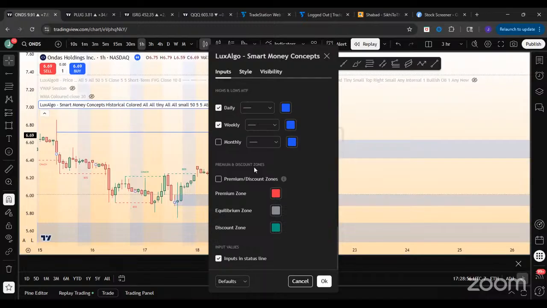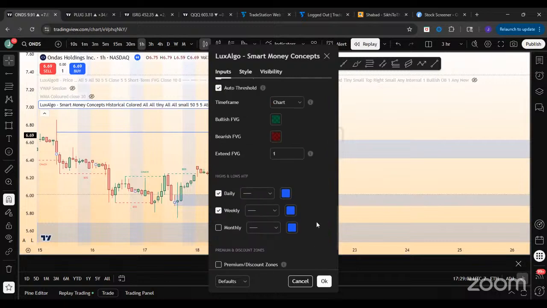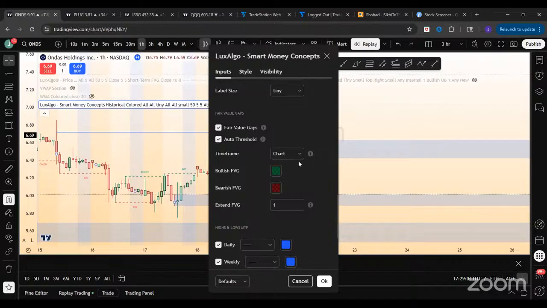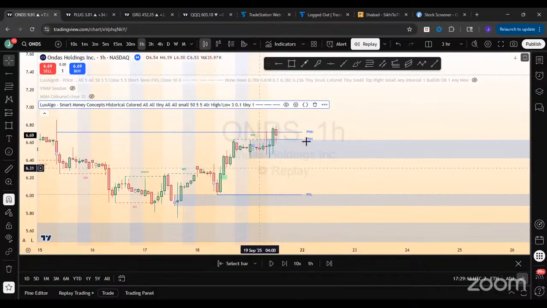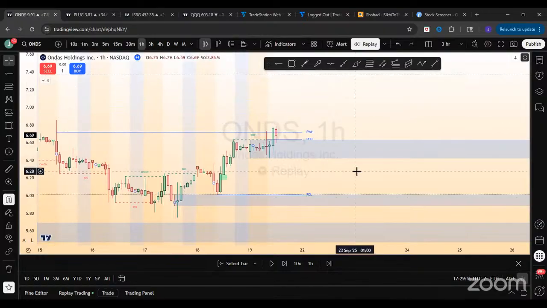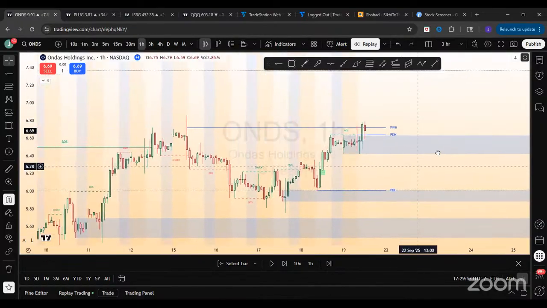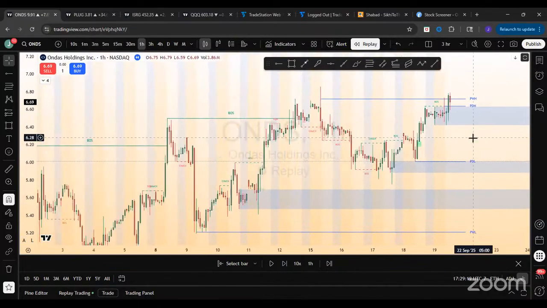To me, the order blocks were doing just fine, so that's why I just use it for order blocks. Recently, though, I started using fair value gaps also. So it's good that it has fair value gaps in there, and if there's a fair value gap, I'll show you briefly how that fits into all of this technical analysis.